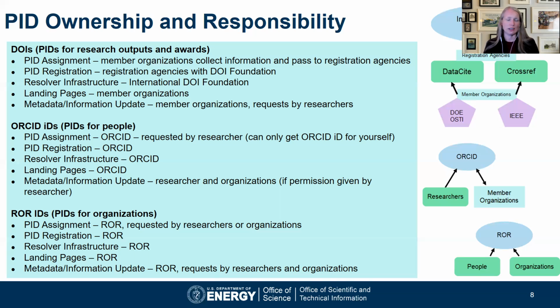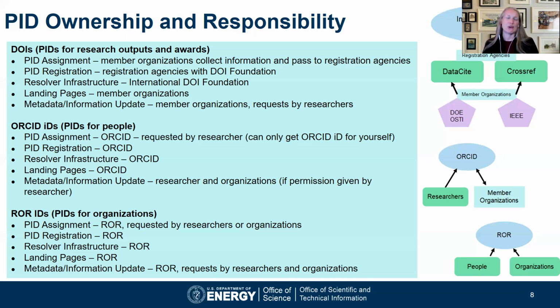They host the resolving infrastructure, and they also host those landing pages. Now, one of the differences here is that metadata or information associated with the ORCID iD can be updated, and should be updated, only by the researcher or organizations that the researcher gives permission to update that information.